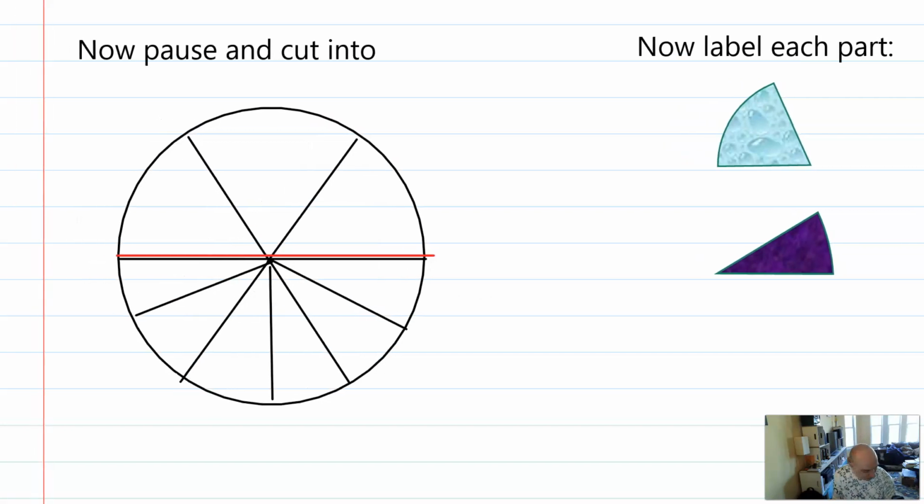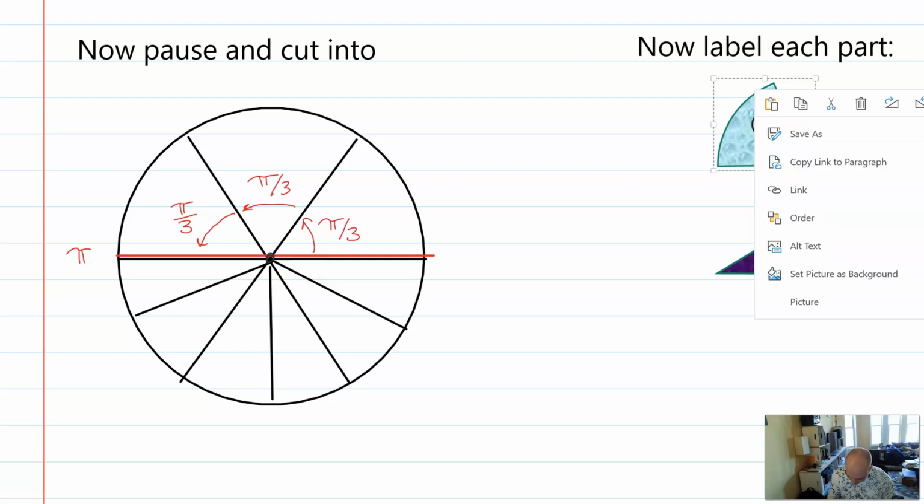We're going to do the same thing of labeling these pieces as well. We're going to start with the larger pieces. So starting with this half circle, we know that a full half circle is pi radians. So what do we do with our half circle? Well, we cut it into 3 pieces. So that means that each of these pieces will be equivalent to pi over 3 radians, and you can label each of those larger pieces as pi over 3.